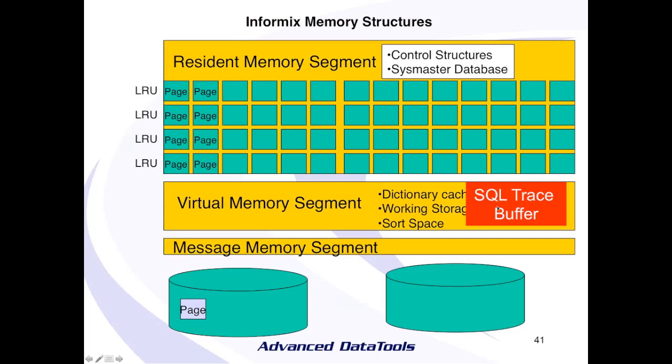And that buffer captures all the SQL that's running. And it's a first in, first out buffer, so that the oldest SQL statement gets dropped out of that buffer, and so it always makes room for new SQL statements. That means that buffer is very dynamic. And that's one of the things I want to show you.